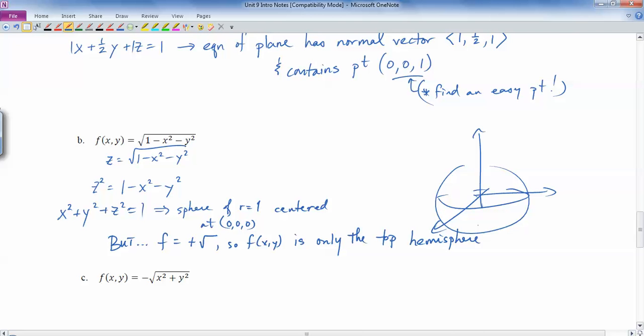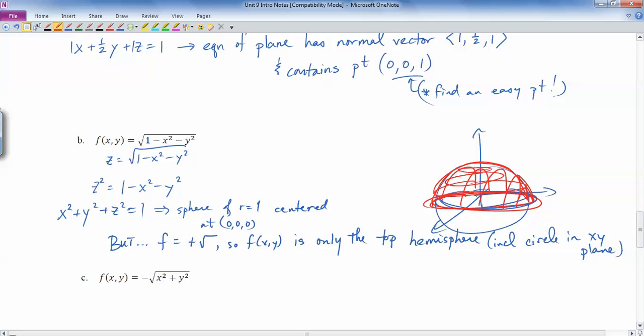And it can equal 0 as well, so you also include that circle in the xy plane. So I'll write here, including circle in the xy plane. So I'll highlight that part. It's this part here, right? It's the top half of that sphere, including this part here. Okay.